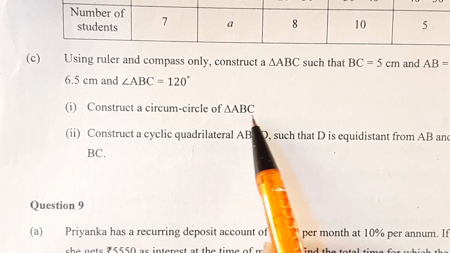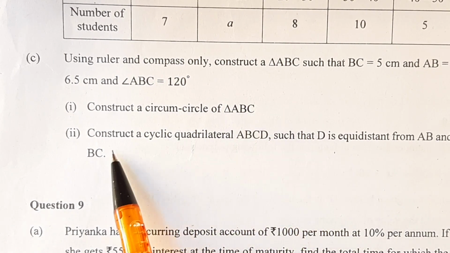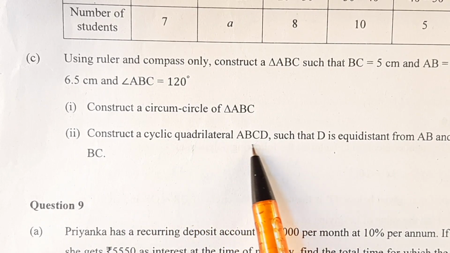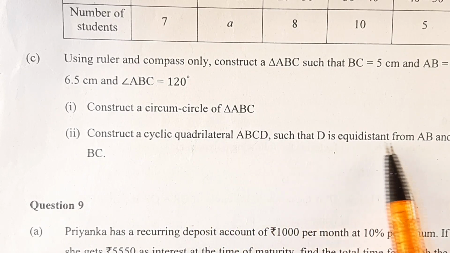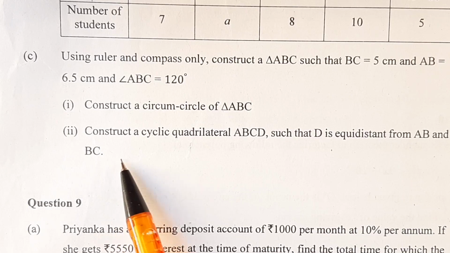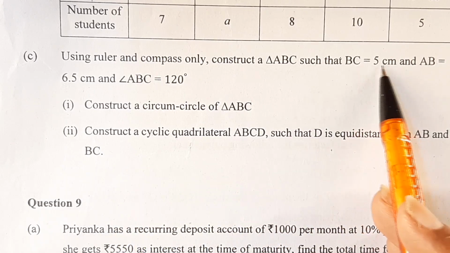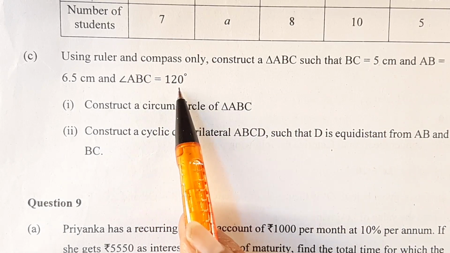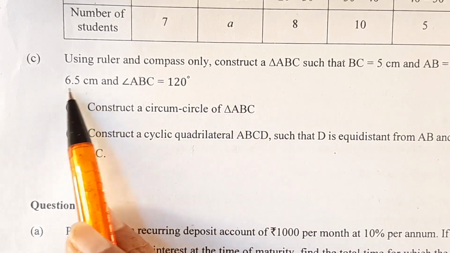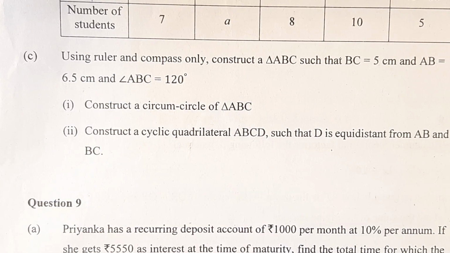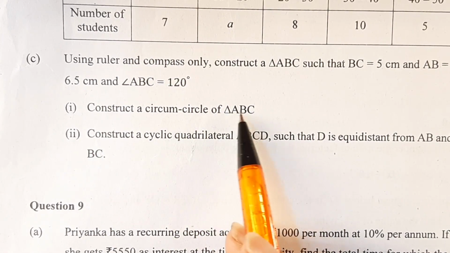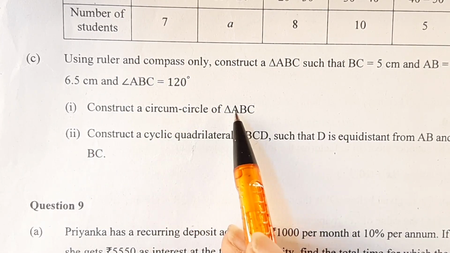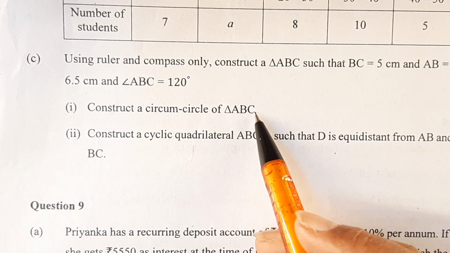Construct a circumcircle of triangle ABC and construct a cyclic quadrilateral ABCD such that D is equidistant from AB and BC. Now I'm going to draw this BC first, then I'm going to make angle 120, then I'm going to draw AB 6.5 cm, then I'm going to construct the circumcircle of triangle ABC, which will be obtained by bisecting any two sides of it.